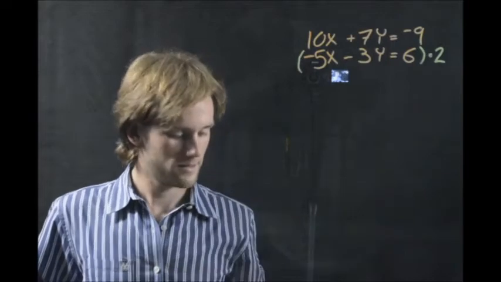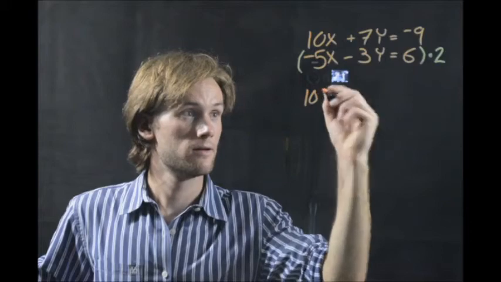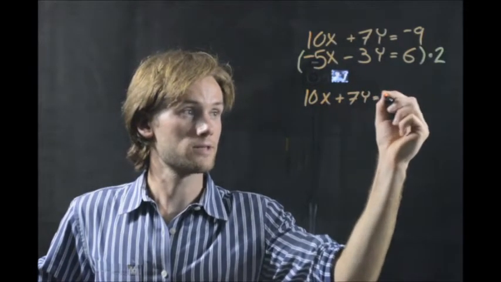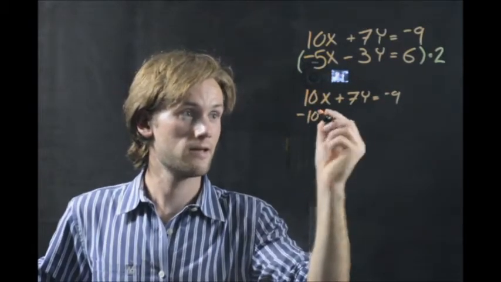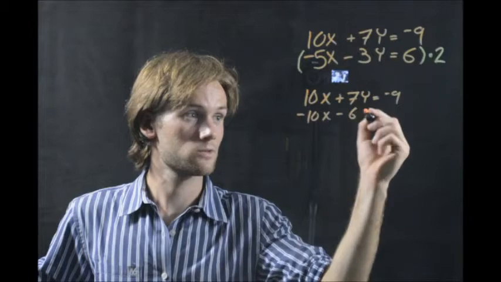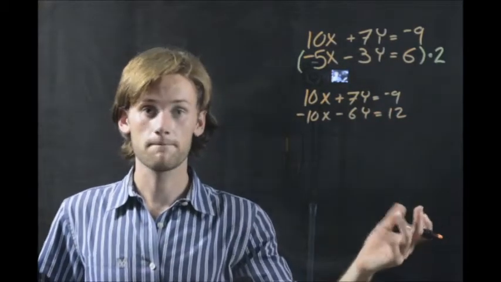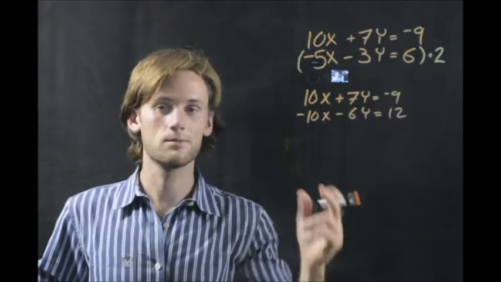Okay? Now let me rewrite this down here. Top equation stays the same: 10x plus 7y equals negative 9. The bottom equation then turns into negative 10x minus 6y equals 12. Okay, now if we add these two together, guess what? Our x's will become eliminated.